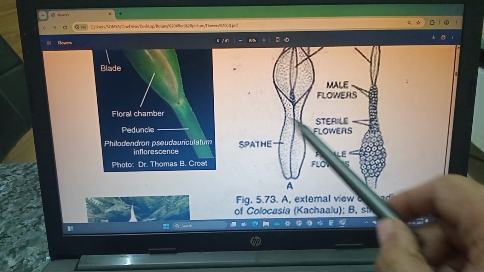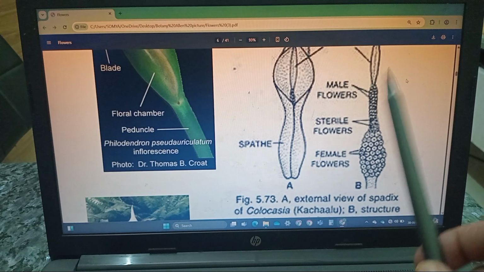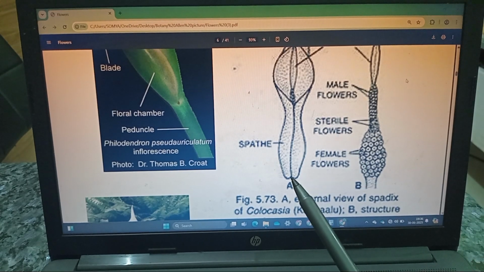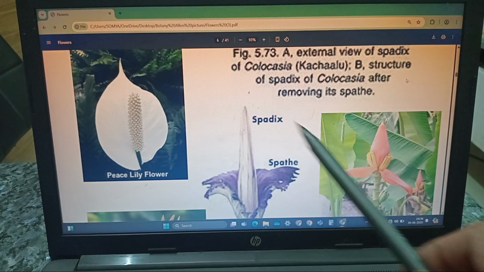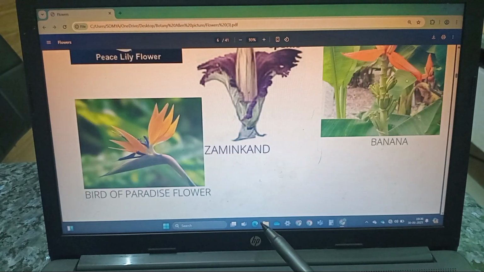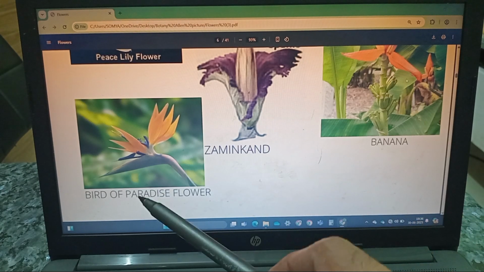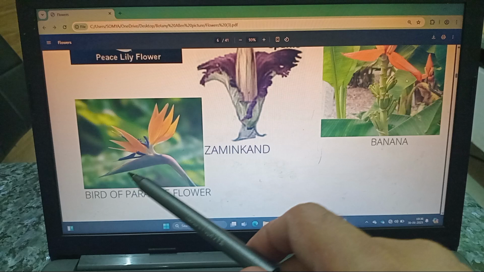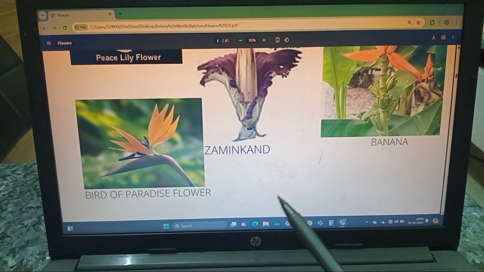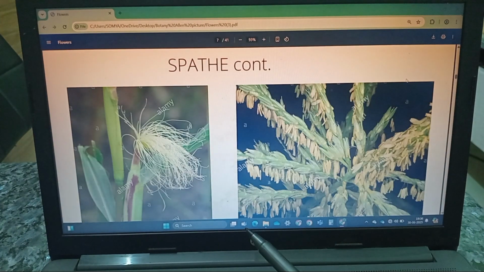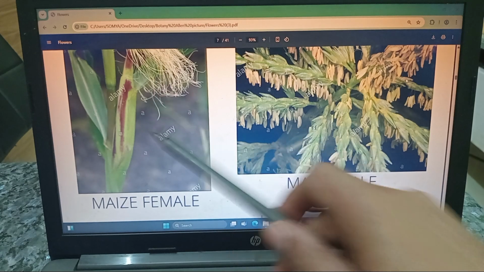This is surrounding this. As for example in maize, colocasia, banana, all these are examples of spadix. In spadix, this is the bract which is modified to make this spathe. In the maize, this is spathe.